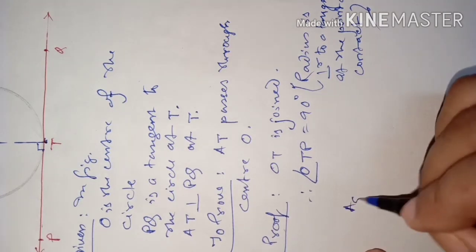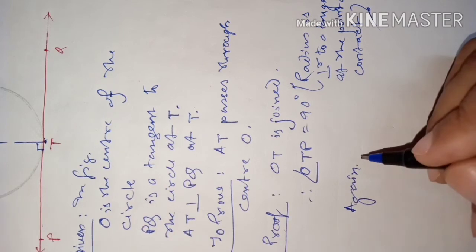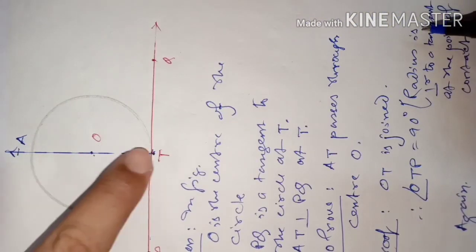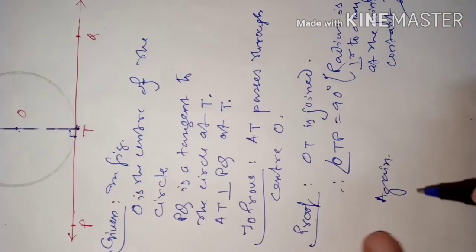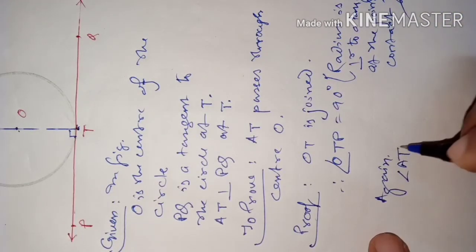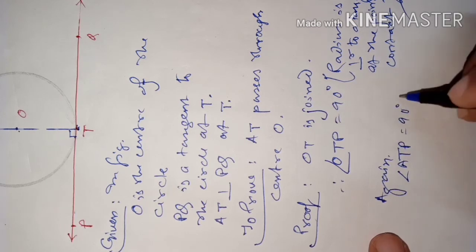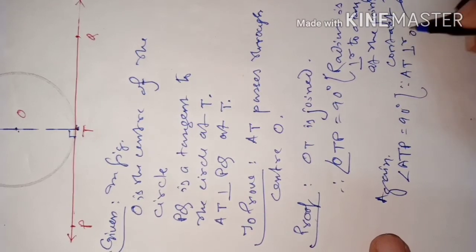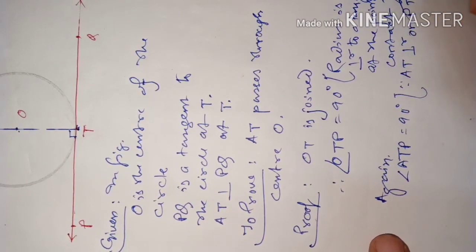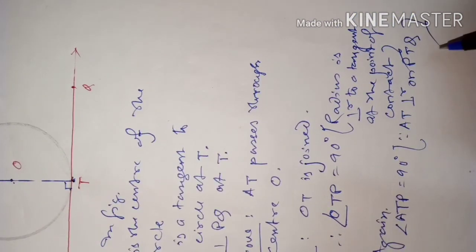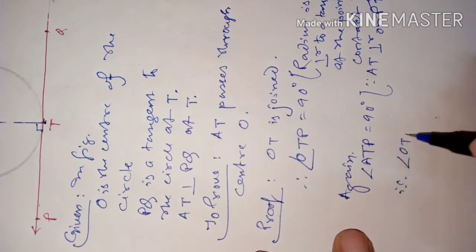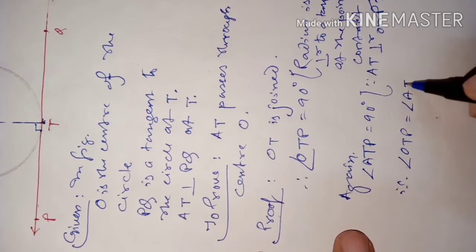Again, it is given that AT is perpendicular. That means angle ATP also is 90 degrees, since AT is perpendicular on PTQ. That is, angle OTP is the same as angle ATP.